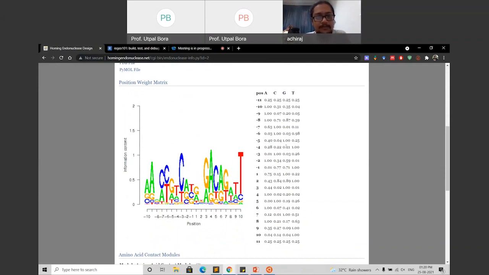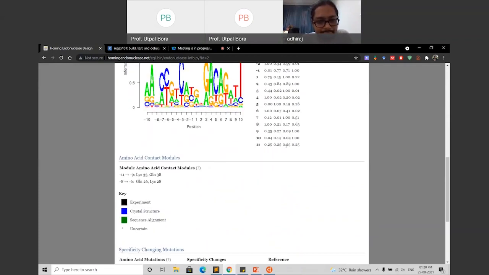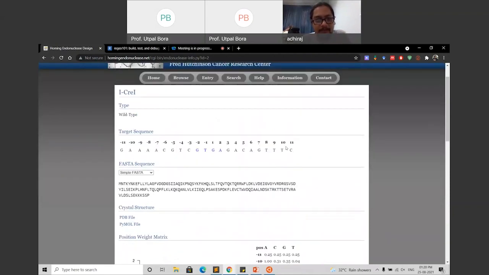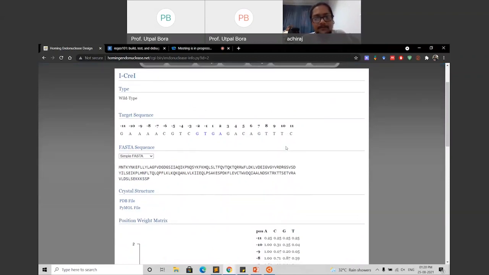That's the whole point. The calculation of PWM is only possible because we already have a lot of reported sequences. Those initial bioinformatic analyses reported multiple sequence analyses and similar work, based on which they came up with the whole idea, right?